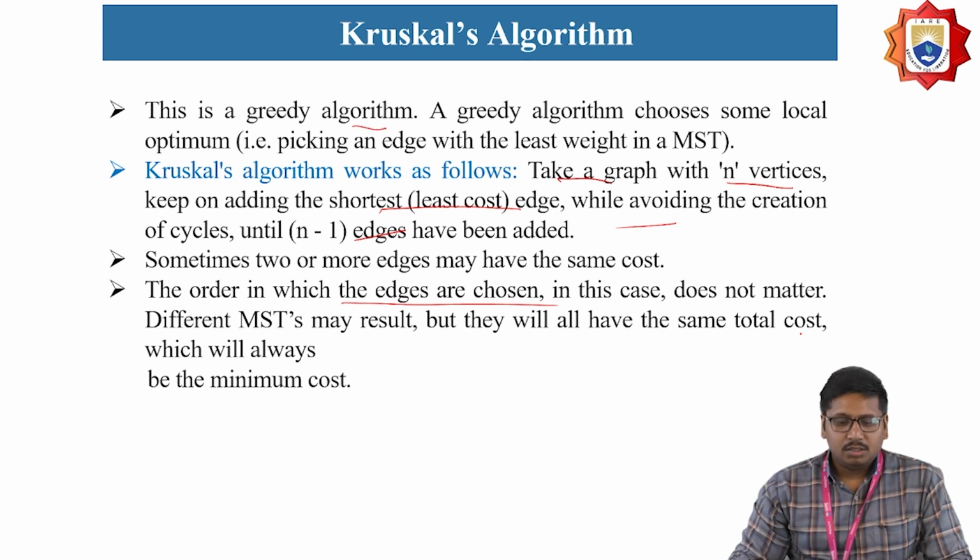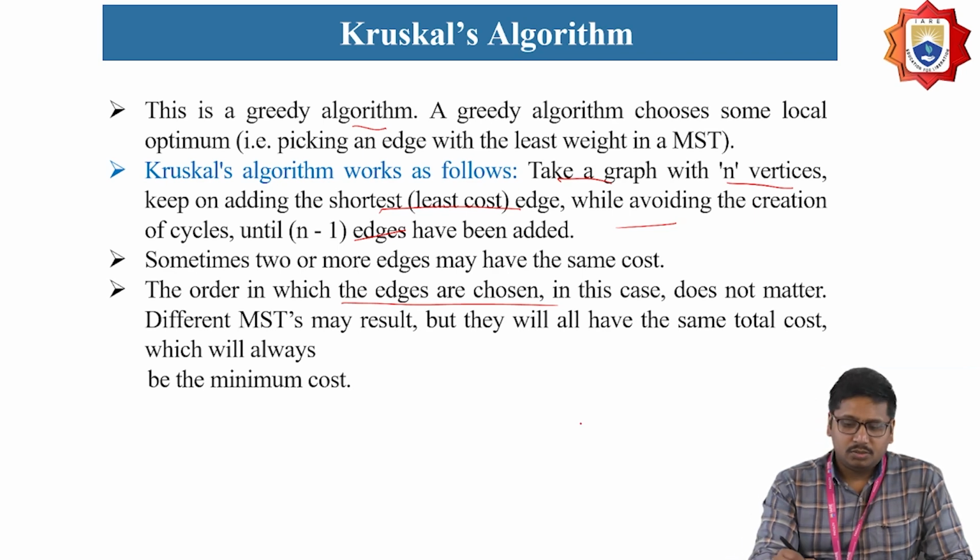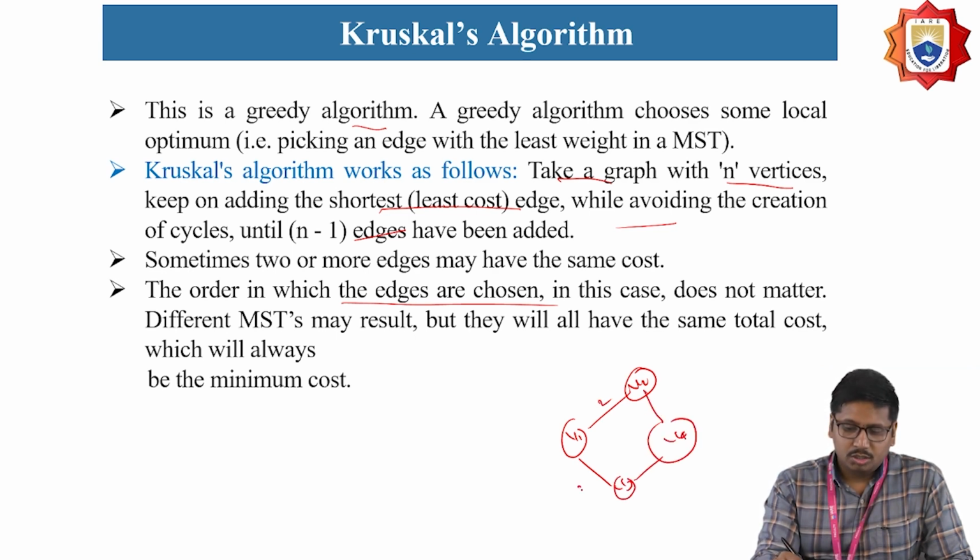So how is this Kruskal's algorithm working? Initially I have a graph with V1, V2, V3, and V4. Among these, we have to choose the minimum weight edge first.